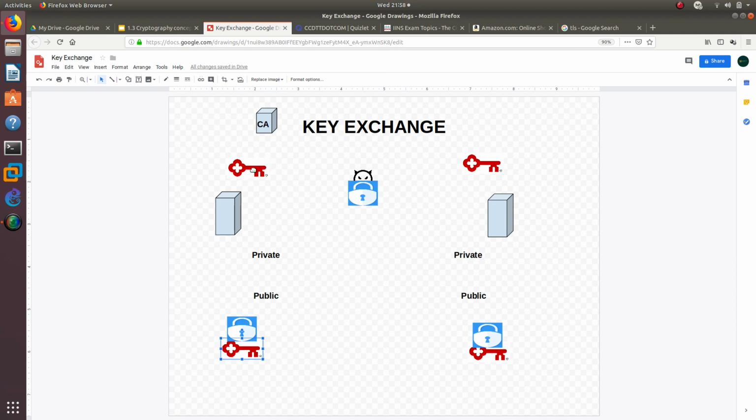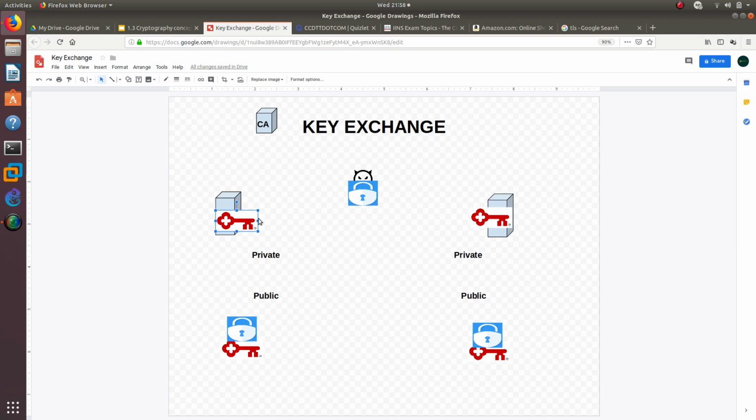So now I'm going to share my symmetric key with this server over here, and it's going to send its symmetric key as well.